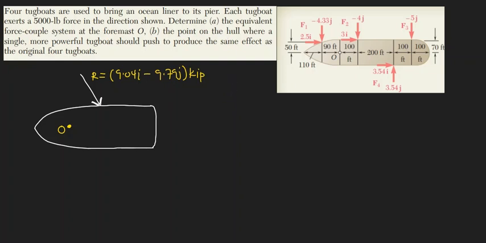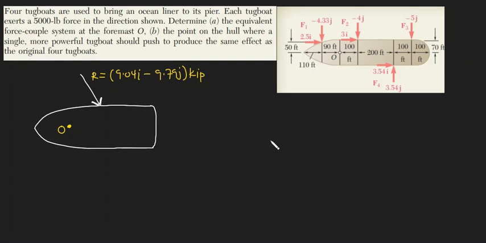So you must find a particular point on the hull where we can apply that single force from the tugboat in order for it to have the same rotational effect as the four tugboats did. So let's look at how we are going to do this. What you are trying to say now is that the rotational effect that the single force will have must be equal to the rotational effect that all the four tugboats will have, right?